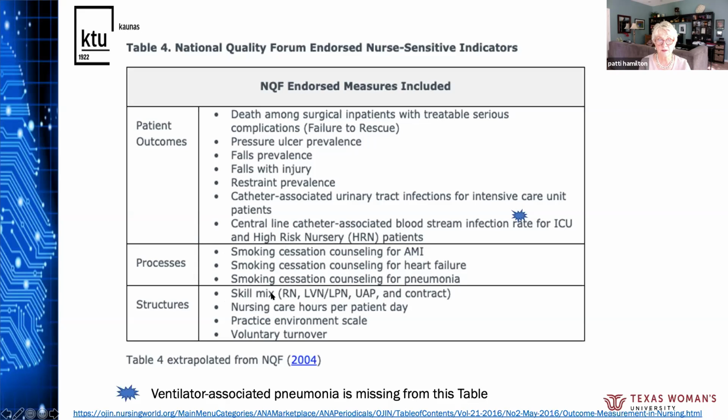And then structure, we're still measuring nursing mix, but now we've gotten into nursing care hours per patient day, which is more directly related, and a practice environment skill. So not just how many nurses have bachelor's degrees, but what is the environment in which nursing is taking place, and then voluntary turnover, and that means how rapidly nurses are being hired and then leaving. And that's what we consider turnover. So from the early 1990s to this National Quality Forum set of indicators in 2004, we've made some progress in what we're measuring.